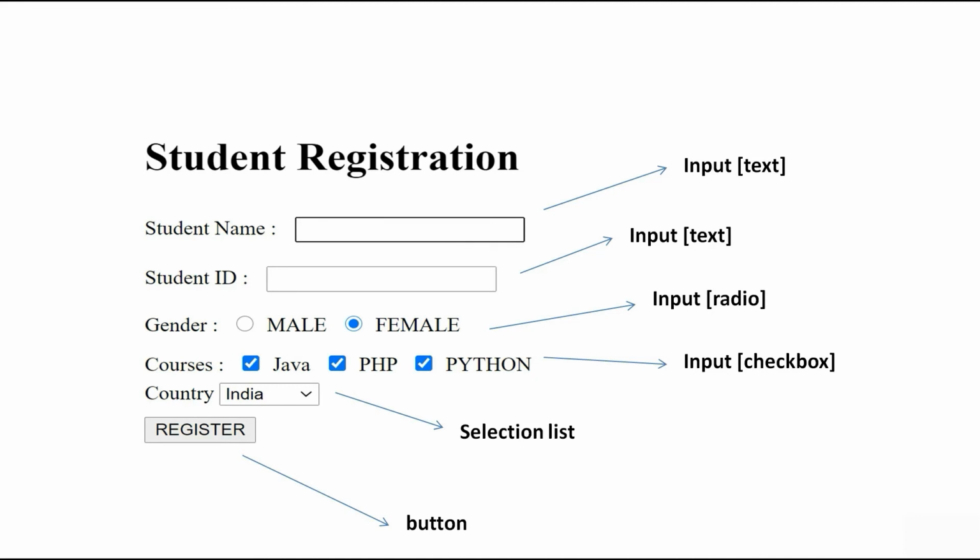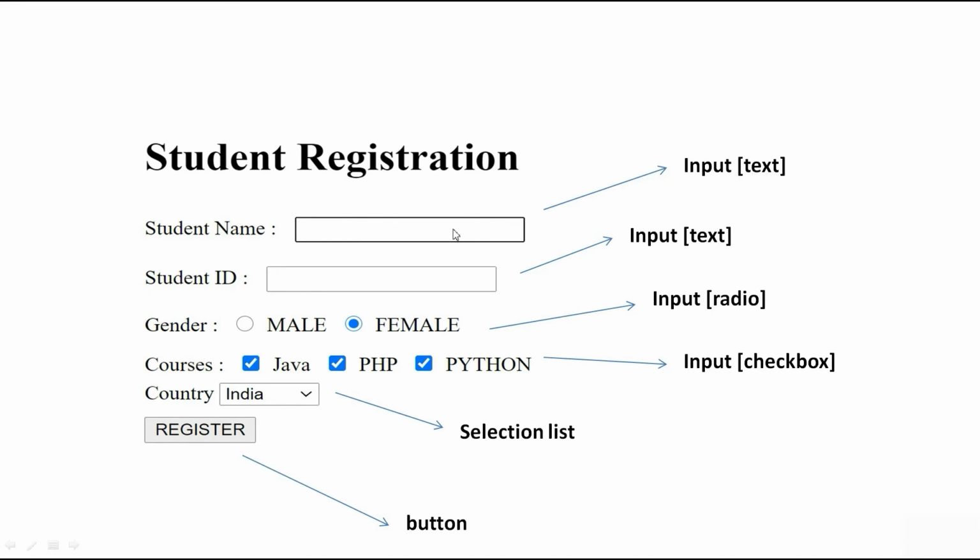So whenever a user wants to type anything, we have to use the input tag. In this input field only the user will type the text, and in HTML this field is denoted by input tag, and the type is text. There are many input tags in HTML. For every input tag we will have the attribute called as type, and for this input field we have the type called as text.